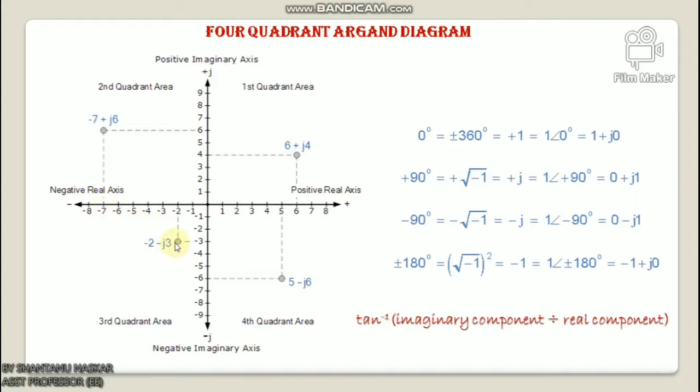And here, for this point, the negative imaginary axis value is 3, and the negative real axis value is 2. So minus 2 minus j3 in the third quadrant. And this point, because the positive real axis value is 5 and the negative imaginary axis value is 6, is 5 minus j6.